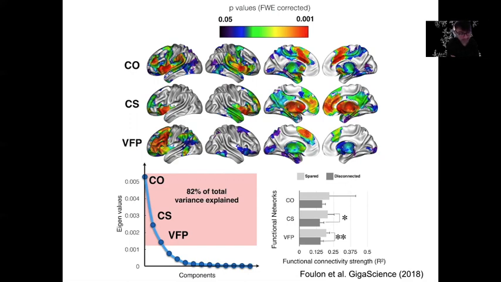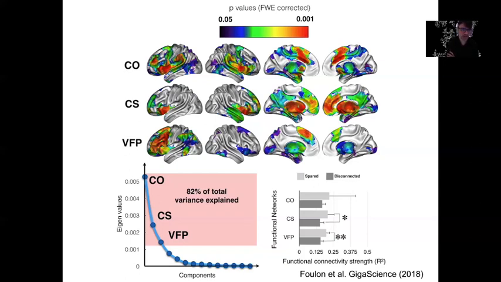And you can see that 2 of those networks, the corticostriatal and the ventral frontoparietal network, when they were disconnected in our patients, were showing a significant decrease of functional connectivity compared to when they were not disconnected.